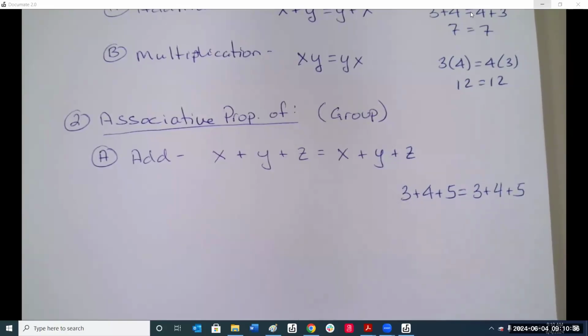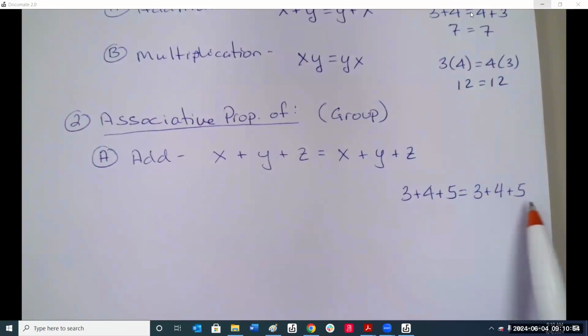But if I give you these numbers, how would you solve it? Yeah, that's the most logical thing: 3 plus 4, and then whatever that is plus 5. But that doesn't do us any good here.